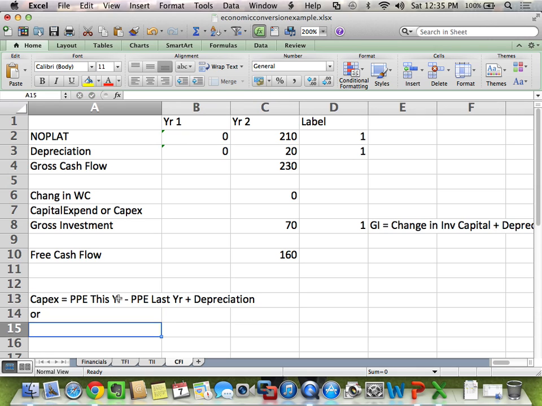Or, starting PP&E plus Capex minus depreciation equals end PP&E.